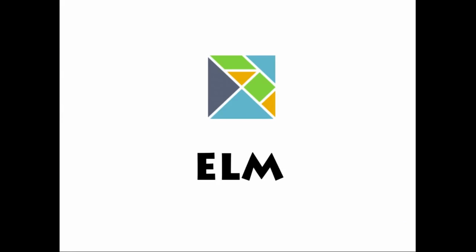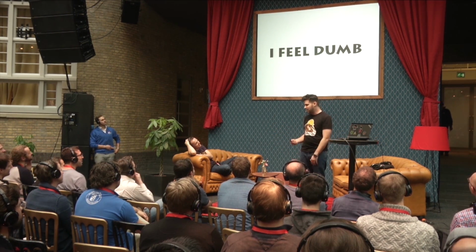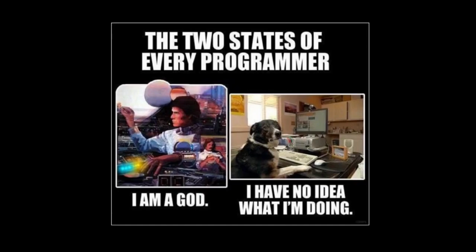This is the new thing, and I don't know about you, but I feel dumb every time a new technology or a new paradigm comes out. It's like all my past 10 years of front-end development are completely down the toilet. And I think a lot of us move through these stages between we know something and we don't know anything.